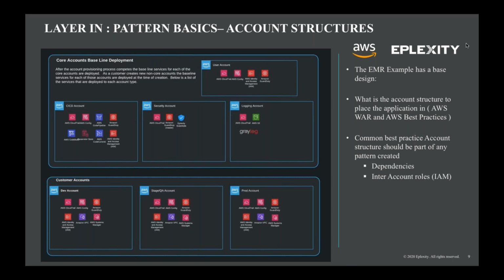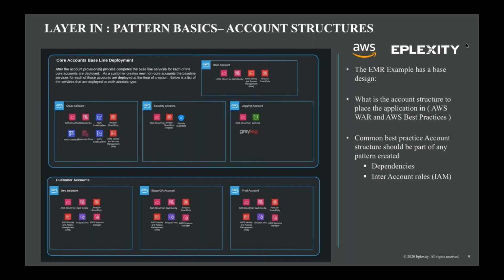So in this particular case, we're going to set up a user account that is at root. We're going to have a security account that is going to contain a lot of the aspects of setting up the security guardrails and controlling access to the sub customer or user or organizational accounts, or not organizations, but organizations within your company.